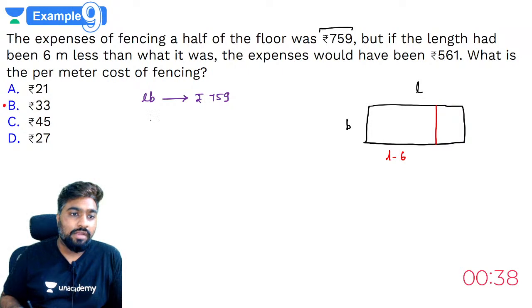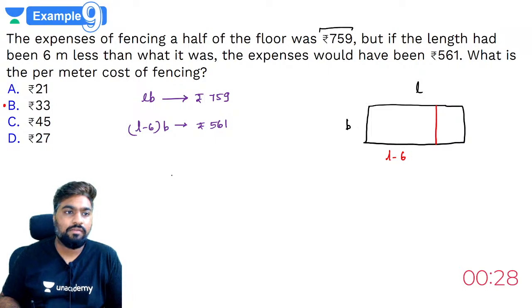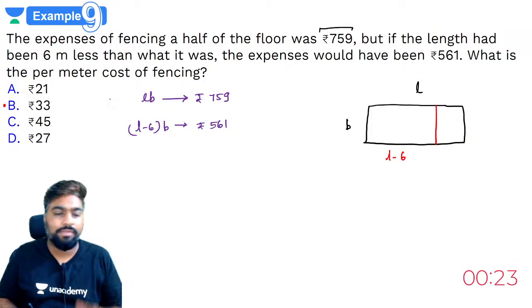Now that the area is length minus 6 into breadth, the costing is 561. They're asking per meter cost.